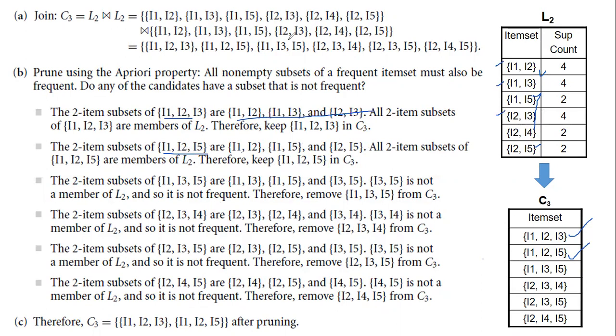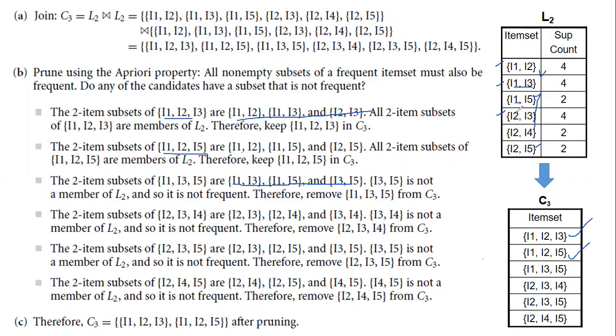Next we'll take the next item set, I1, I3, I5. What are the subsets of I1, I3, I5? I1, I3, then I1, I5 and I3, I5. We have to check whether all these three are there in the L2. I1, I3 is there? Yes, it is there. I1, I5 is there? Yes, it is there.